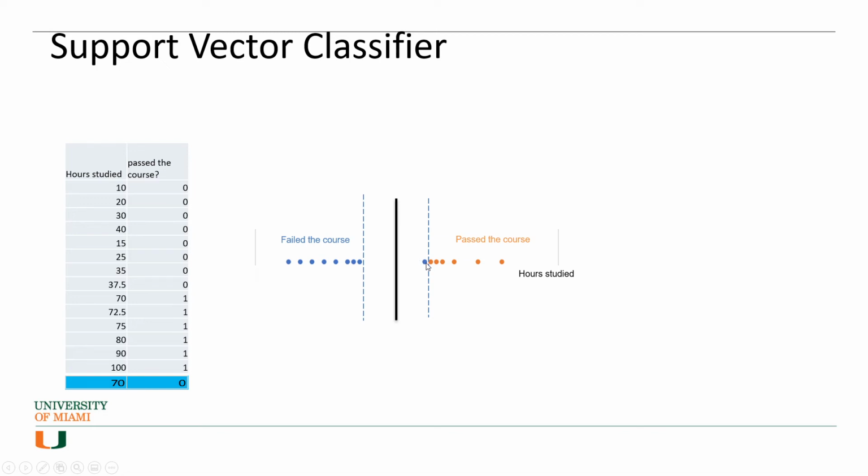So this blue observation should have been classified as failed, but we are knowingly classifying it as pass because it is within a margin of error, okay?